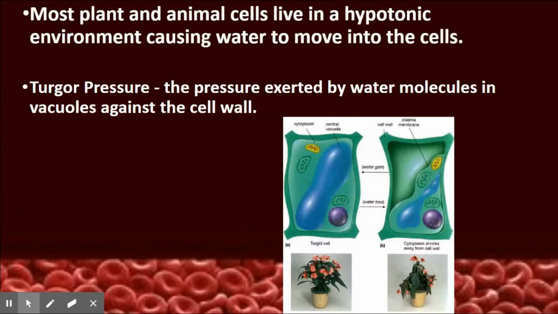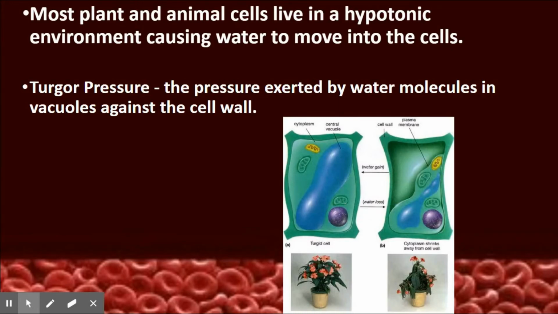So if we go back to our plants, the plants are going to live in a hypotonic situation and cause the water to move into the cell because there's going to be all kinds of things in the cell that's going to increase that concentration. So the water is going to try to move in.